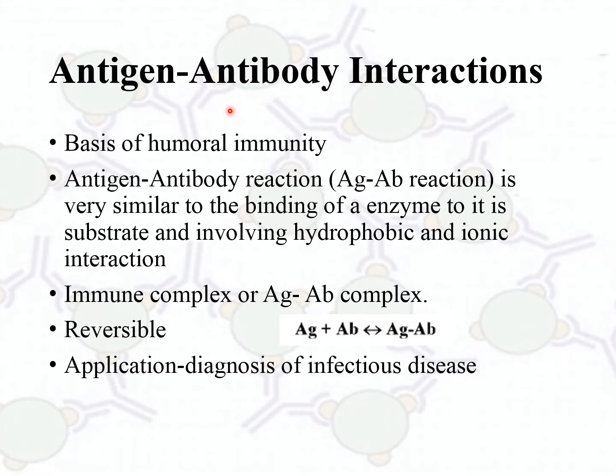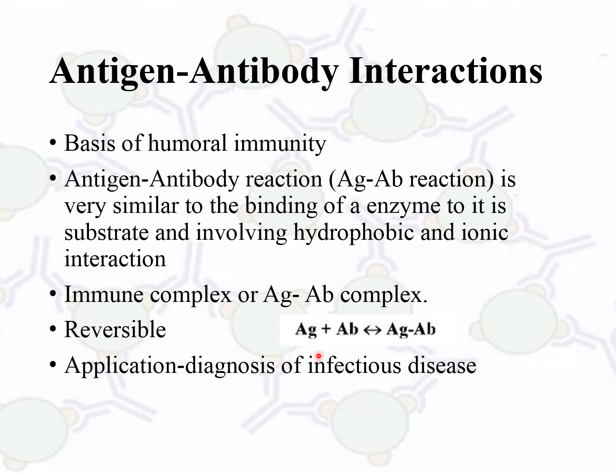Antigen and antibody interactions are the basis of humoral or antibody-mediated immunity. The interaction of an antigen and antibody is quite similar to the binding of an enzyme with a substrate, in a manner of lock and key, and both of them involve hydrophobic and ionic interaction. But this process is reversible.